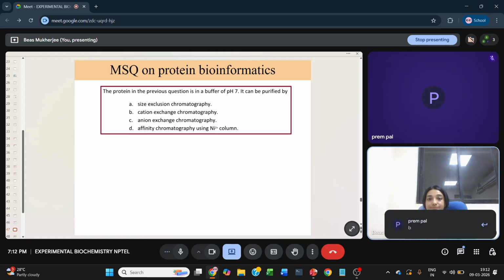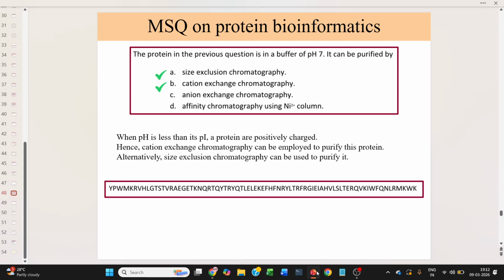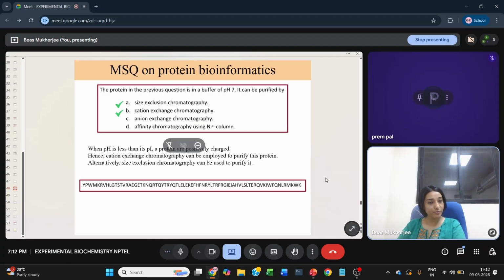You know that this is the PI, and if the pH is below the PI, then the protein is going to have a positive charge. Correct. So that means it should be cation exchange chromatography.